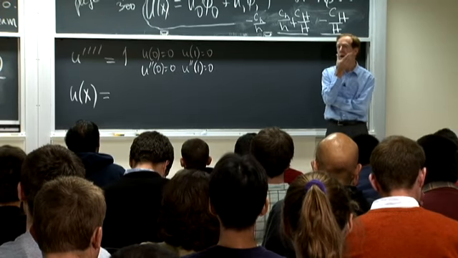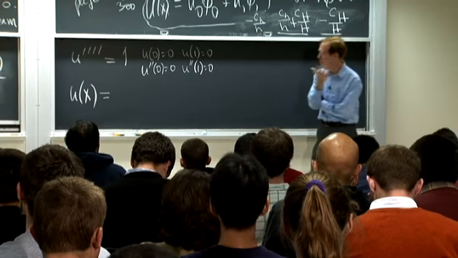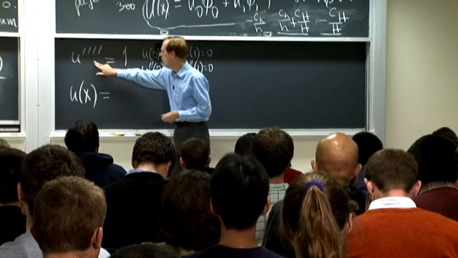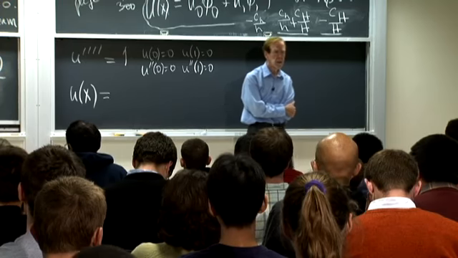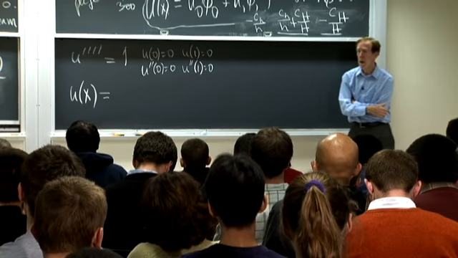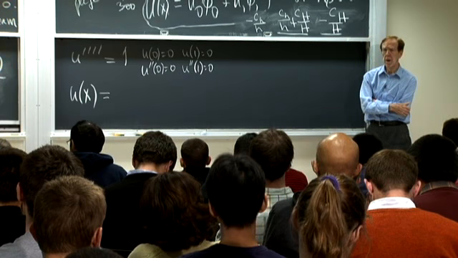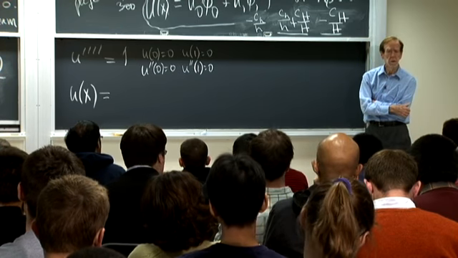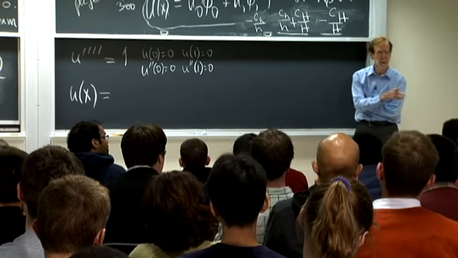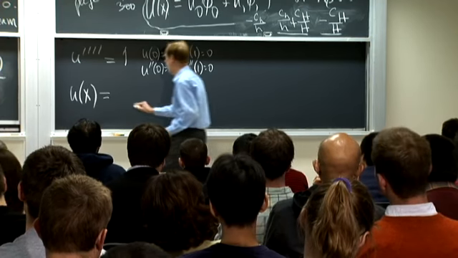So what's one particular solution? What's one function whose 4th derivative is 1? What am I looking for here? One quarter of x to the, no, one what? Is it 1/24th of x to the 4th?